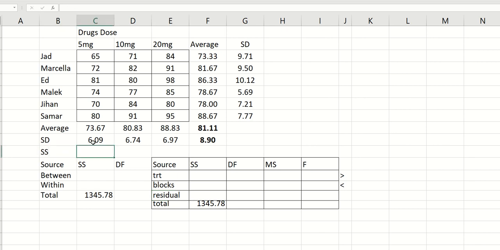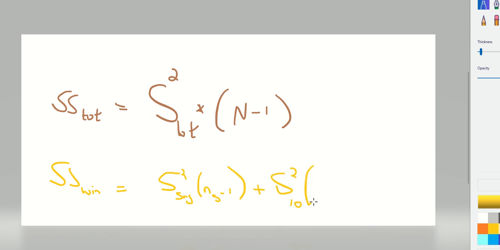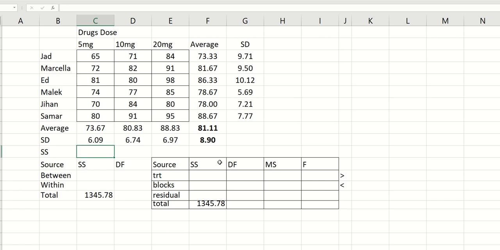Since you have the standard deviation of every group, the sum of square within is nothing but the standard deviation of the 5 milligram, you square it and multiply it by the number in the 5 milligram minus 1, plus the standard deviation for the 10 milligram, multiplied by the number in the 10 milligram minus 1, plus, until you finish the last one. So I'm going to do it one at a time and then add them up.